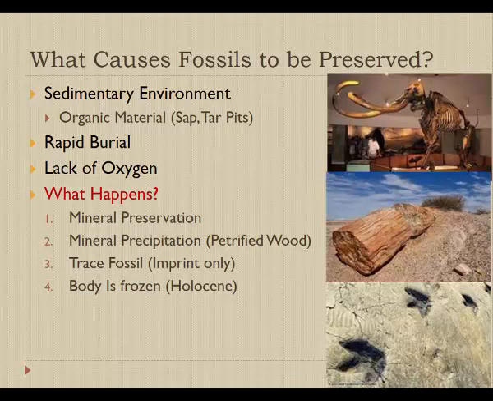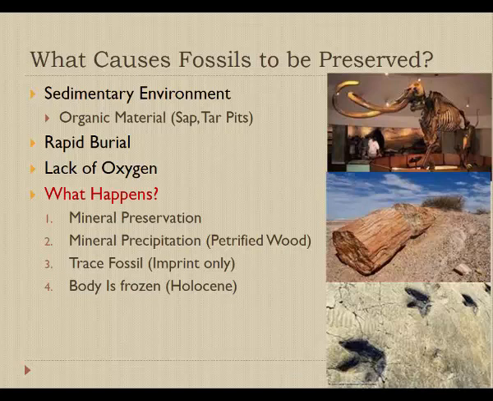And over time, they will persist in various ways. Certain types of minerals may just be very resistant, so they might not break down quickly, even over long periods of time. Certain parts of an organism are less easily accessed and decomposed by organisms, so something like bones or teeth are a little bit more sturdy and will exist for a long period of time. On the other hand, another process called mineral precipitation, or permineralization, sometimes occurs.